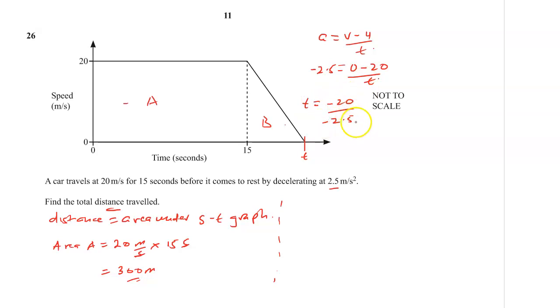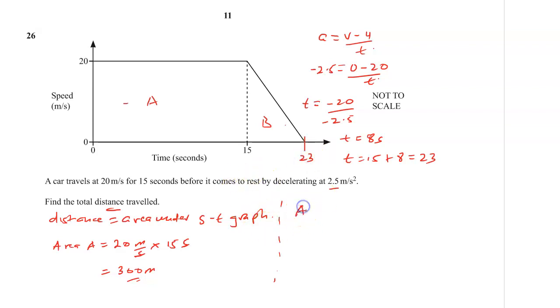The minus signs will cancel, and t will be equal to 8 seconds. Therefore, you can add 15 plus 8, which gives us 23. So this t here is 23.